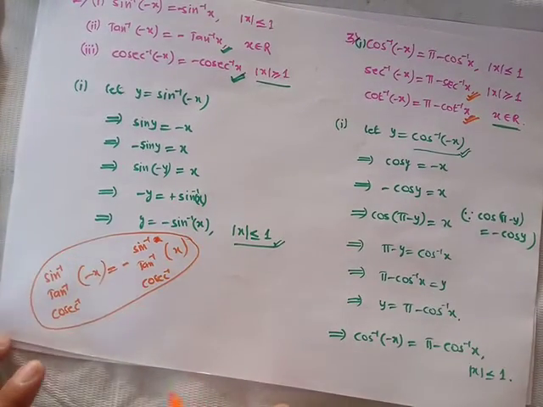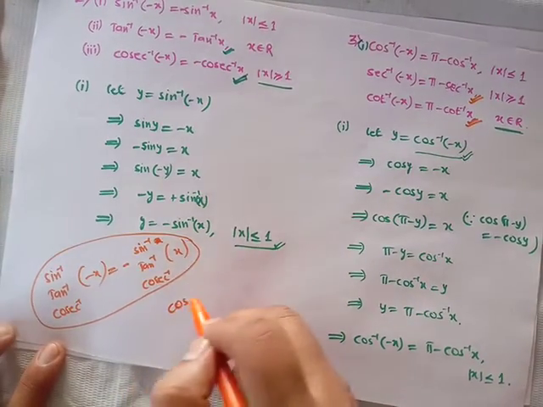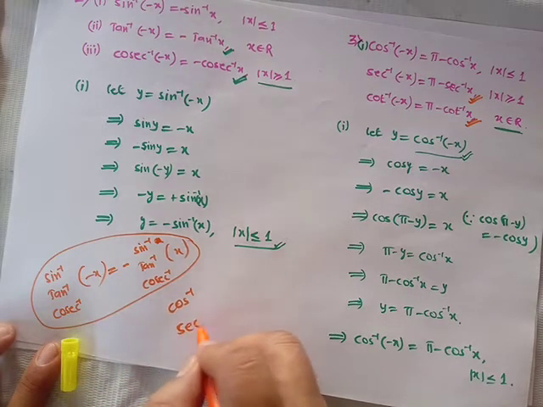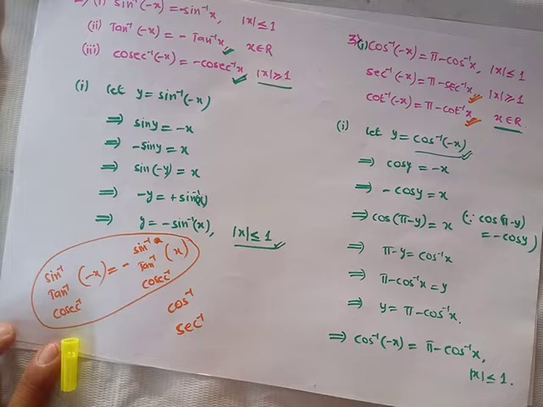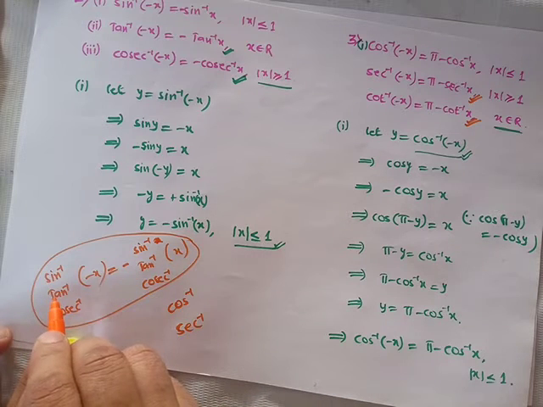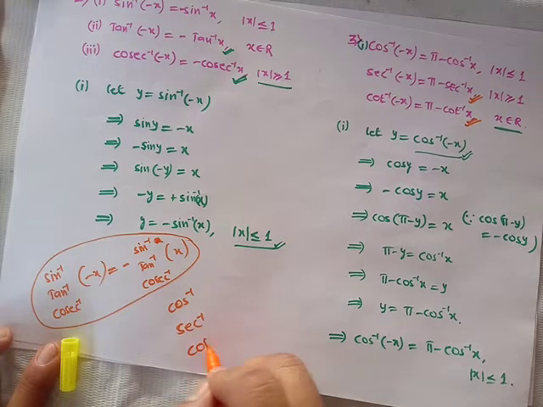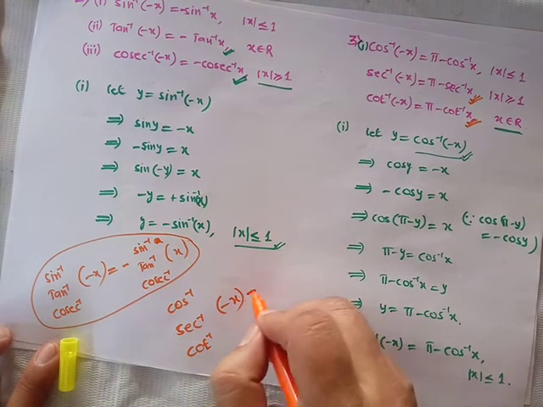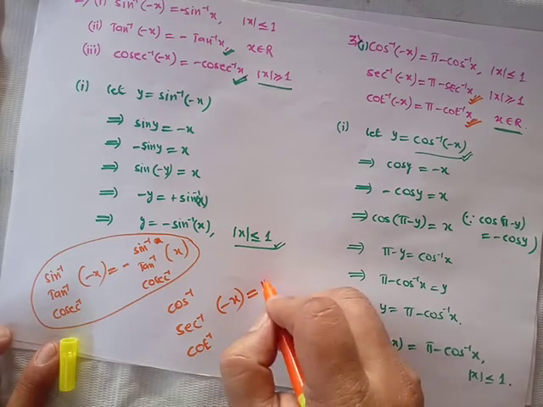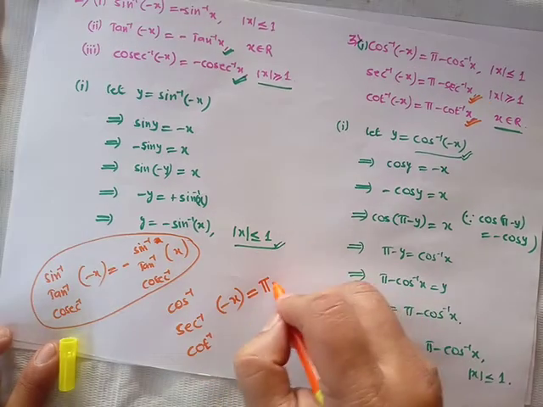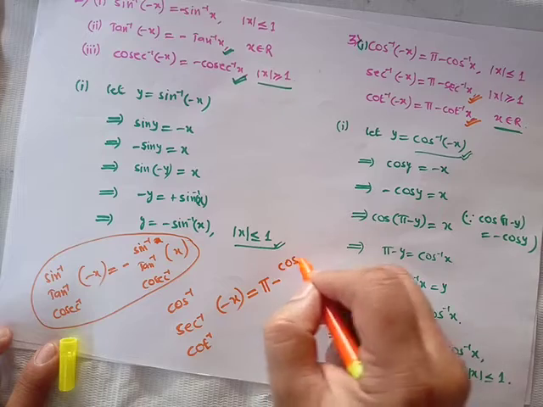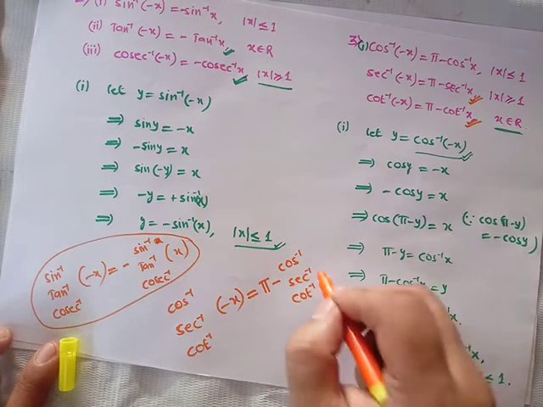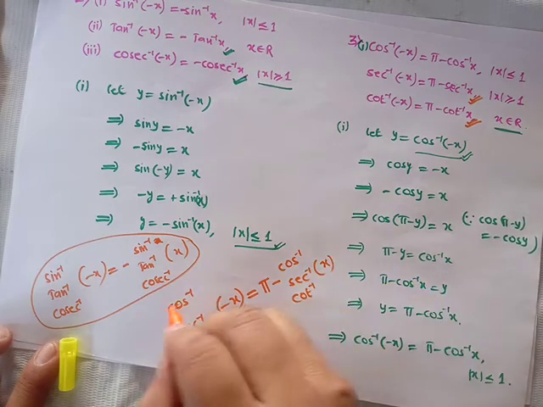What are the major things you need to understand? Cos inverse and secant inverse, both are reciprocals. And one more thing is coming: instead of tan, here it is cot inverse. Cot inverse of minus x is equal to, this time pi will be common, minus cos inverse, secant inverse, and cot inverse of x.